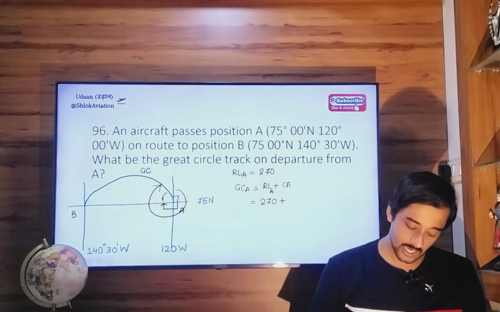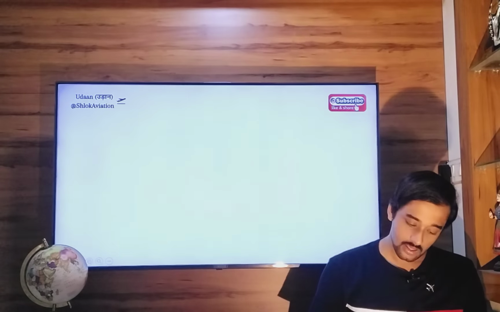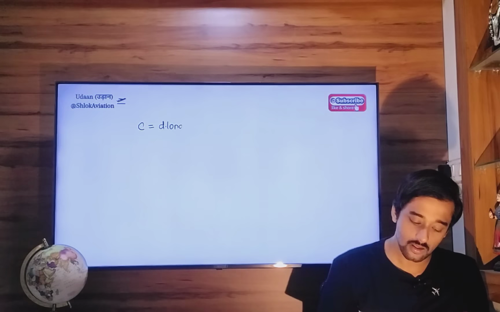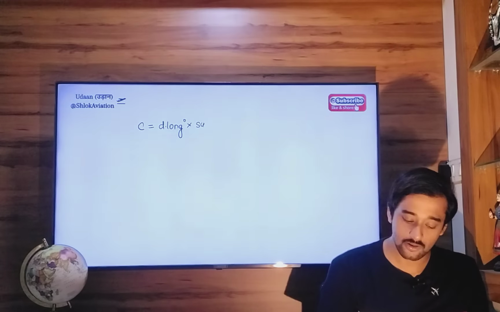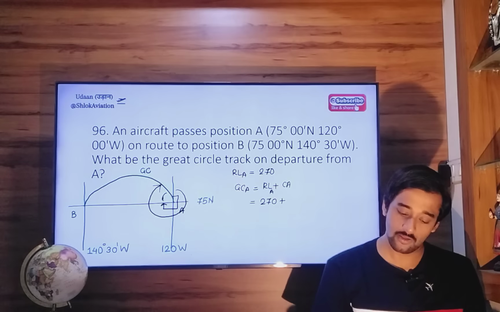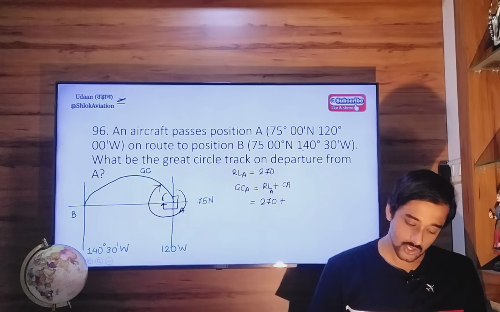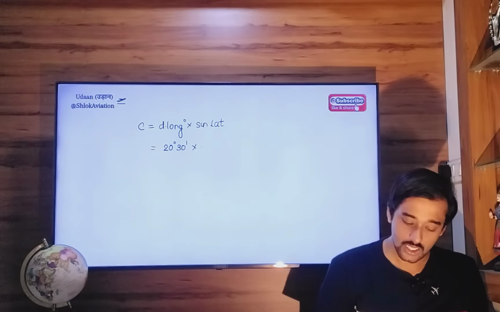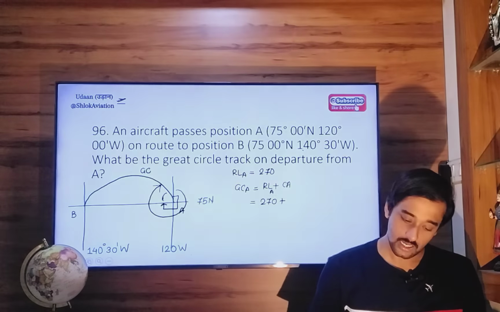What is the convergency angle here? It is d long in degrees into sine of latitude. 120 west and 140° 30 minutes. So the difference is 20° 30 minutes, sine of 75.